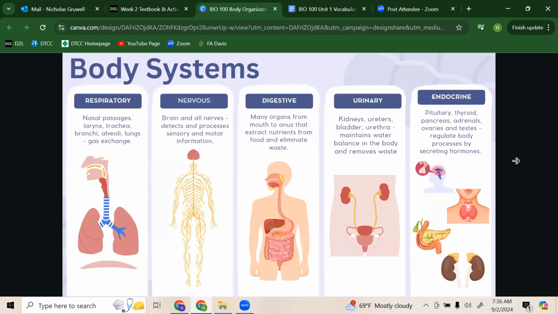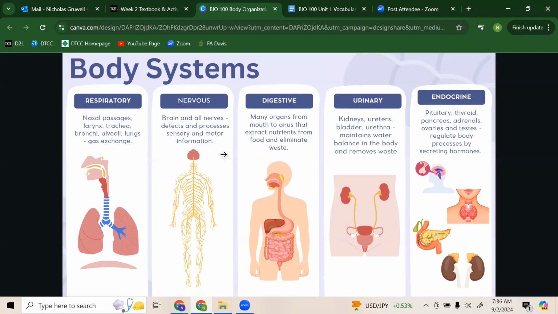Our respiratory system. So not only does this just include our lungs, but also our nasal passages, our larynx, and our trachea, which some of you may have known called your windpipe. You have your bronchi, and then alveoli are little tiny sacs in your lung where the gas exchange, or oxygen carbon dioxide exchange, actually occurs.